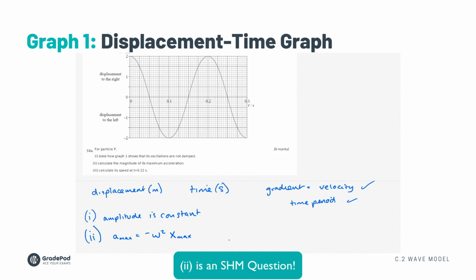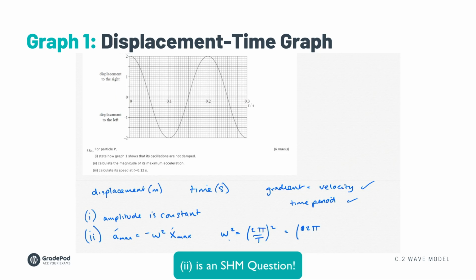Given that acceleration and displacement are directly proportional, when you're looking for maximum acceleration, you would use maximum displacement, and that's why I put a max equals x max. Omega squared is equal to 2 pi over T all squared. T is the time period, and we can see on here that the time period is 0.2 seconds.